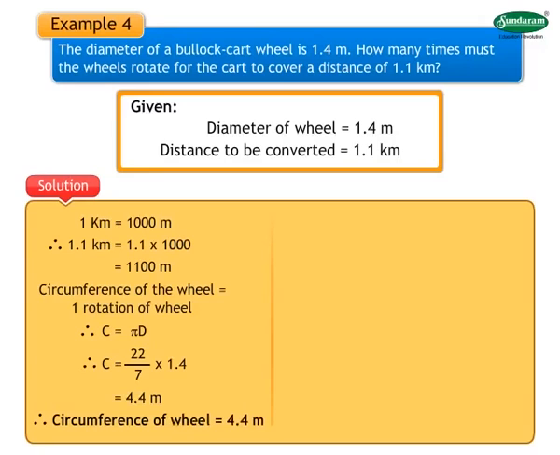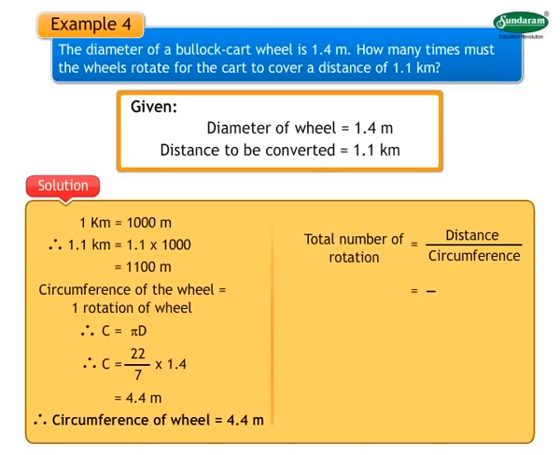You must be wondering as to why we first calculated the circumference of wheel, though it is not asked in the problem. Your doubts will be cleared as I explain it further. Total number of rotation is equal to distance upon circumference of the wheel.